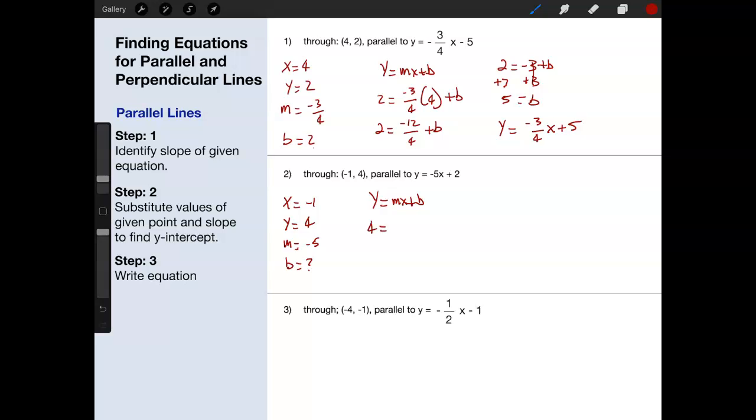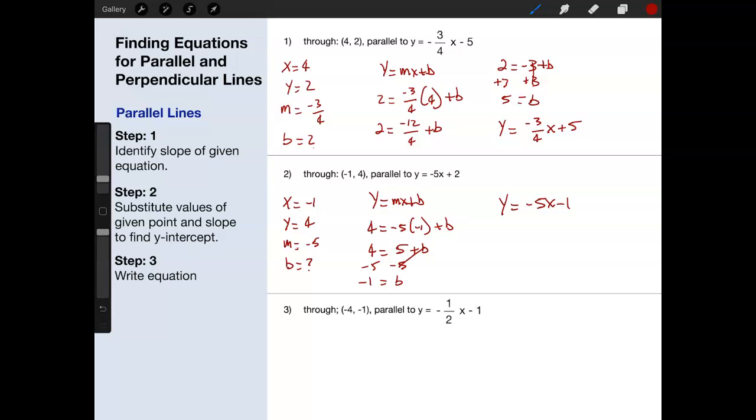Y equals 4, m is negative 5 times negative 1 plus b. And now we have 4 equals negative 5 times negative 1, which is positive 5, plus b. We subtract 5 from both sides, and we have b equals negative 1. Now we can write our equation, y equals negative 5x minus 1.